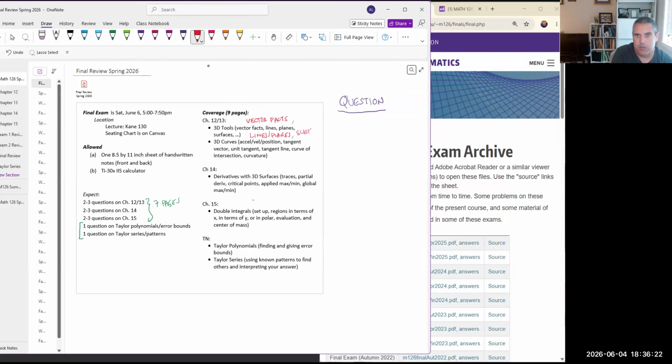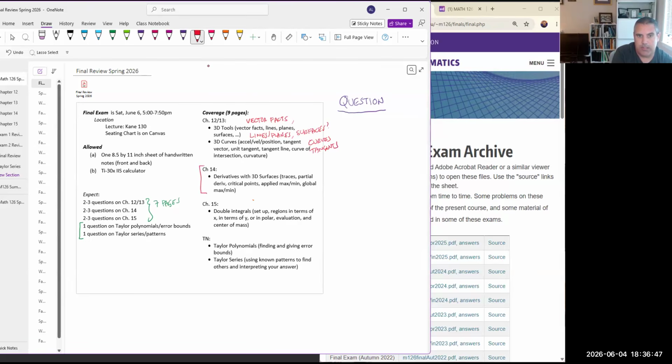Do we know our surfaces, what a paraboloid is? And then curves. Do we know how to find a parameterization of a curve? So curves, tangent vectors, curvature, arc length. These other things are more recent.